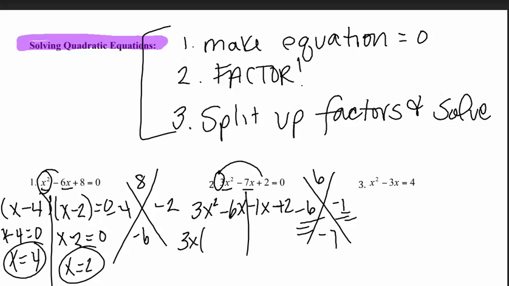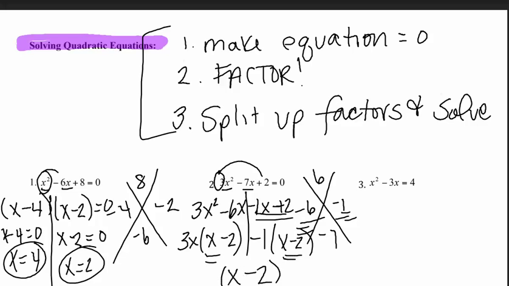I'm going to take out a 3x. So that's x minus 2. Over here, because my first term is negative, I'm going to take out a negative 1. So I'm left with x minus 2. Notice those parentheses match. That's one answer. 3x minus 1 is my other answer. I used to be done here, but I'm not because I have to have an equal 0.